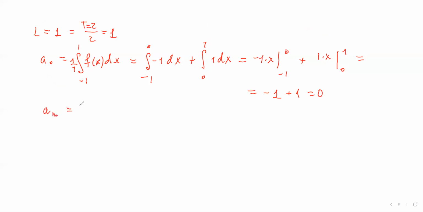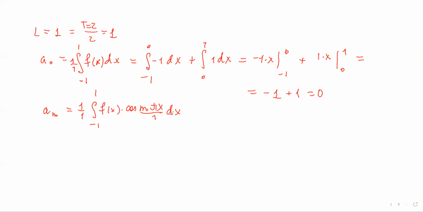a_m: 1 over 1, integral from negative 1 to 1. And I have again my function f(x) multiplied by cosine of m pi x, and my L is equal to 1, right? I'm writing it down once, but normally you can skip it if your L is equal to 1.